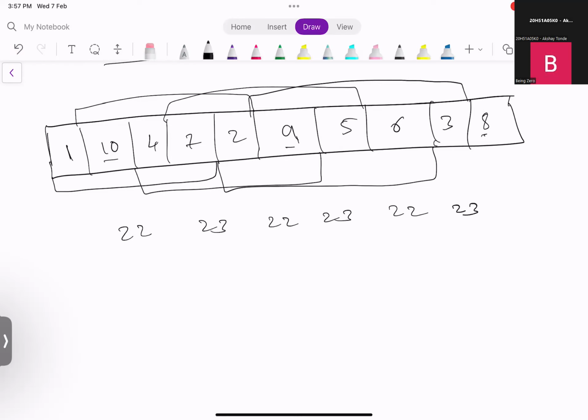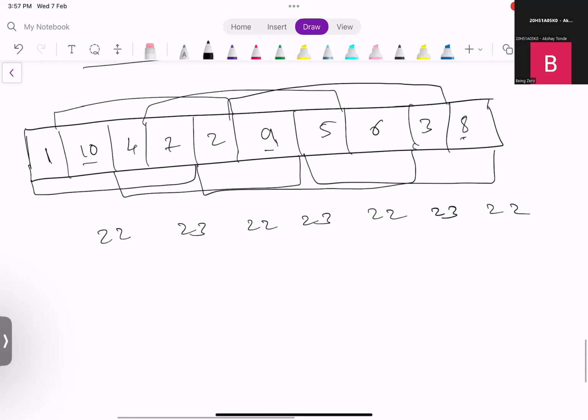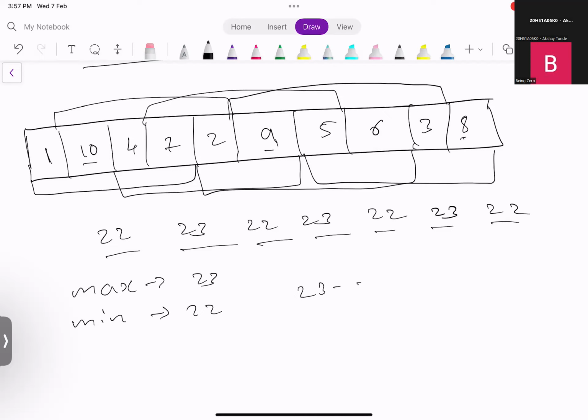Then 23. And then 22. Right. So this idea of balancing out, this greedy thought will allow us to get sums such that the maximum of them is 23, minimum of them is 22, 23 minus 22 less than or equal to 1.